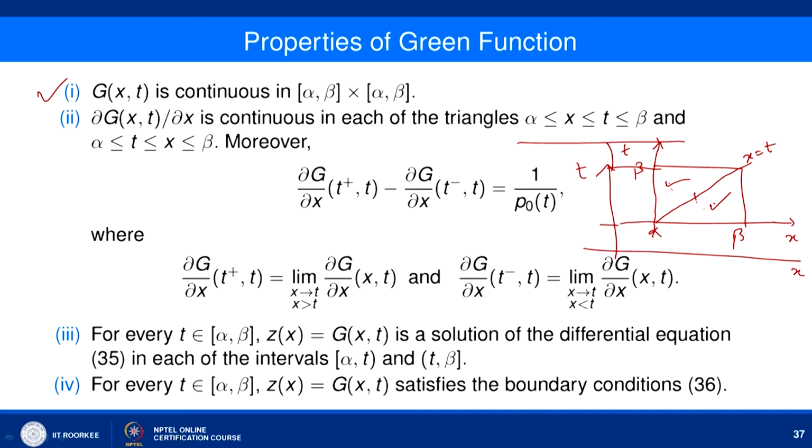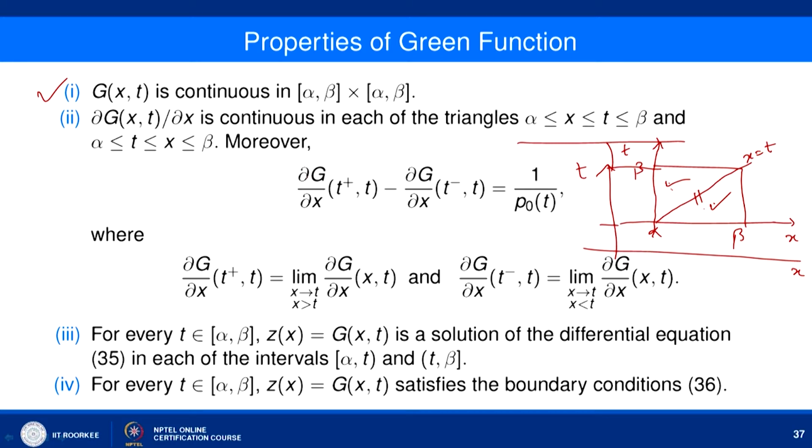When we look at the diagonal of this rectangle, we have a jump discontinuity. It means in each separate region the partial G by partial x is continuous, but at the diagonal it has a jump discontinuity, and the jump is given by this quantity 1 upon p naught t.